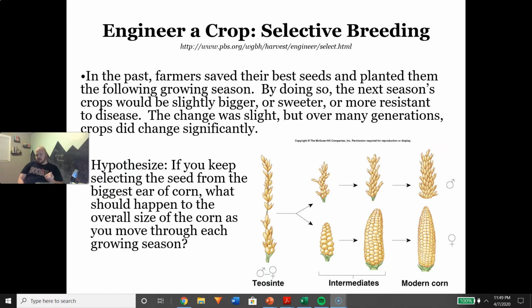So what they found, and what the hypothesis is, is that people who live in these areas found that, yeah, you could mash teosinte up and eat it, but they started breeding the teosinte that was softer and also had a little bit more kernels to it, and they produced these intermediates, as we see here. And eventually, over time, the intermediates gave rise to the modern corn.